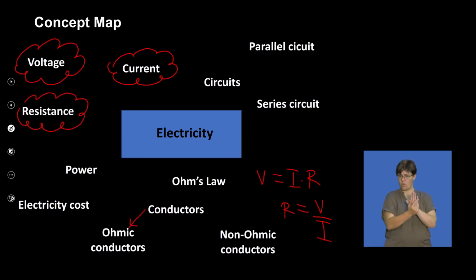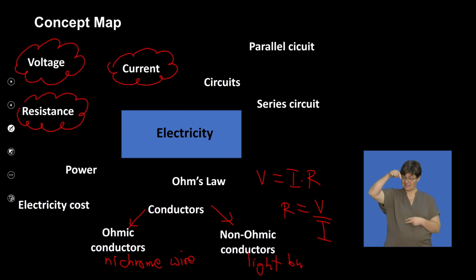We have also said that Ohm's law talks about ohmic as well as non-ohmic conductors. A nichrome wire is a perfect example of an ohmic conductor, because the potential difference and current are directly proportional to each other, and the temperature remains constant, while a light bulb is a perfect example of a non-ohmic conductor.